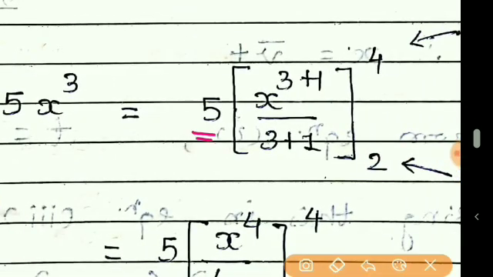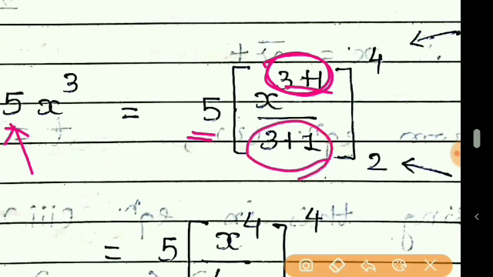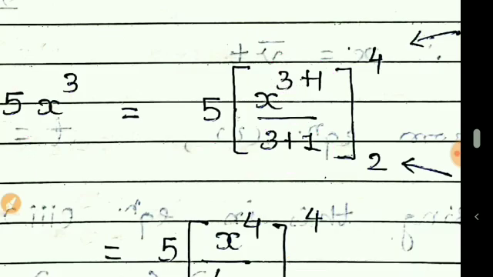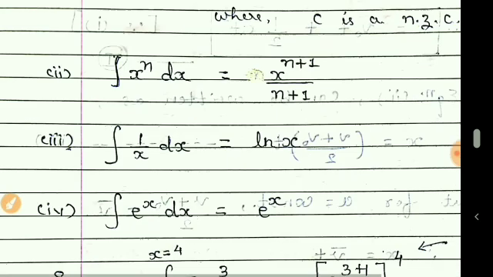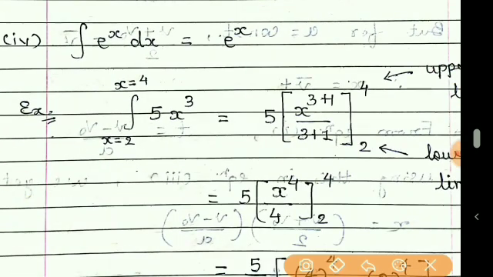So 5 is a multiple, which was the constant, and x raised to 3 plus 1, we have increased by plus 1, and whatever is in the power is to be divided. It is the same thing we studied in the second rule. You can see here, we are applying the same thing. Now we have to put in the limits, lower limit and upper limit.